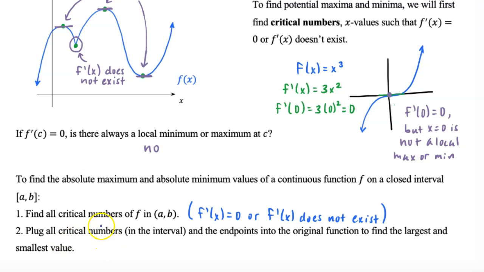And then we're going to plug all the critical numbers, only the critical numbers that are in the interval, because we're looking for the absolute extrema on a closed interval, as well as the endpoints, always going to test the endpoints into the original function to find the largest and smallest value. Whatever the largest value is, that's our absolute max on the interval. Smallest value is our absolute min.